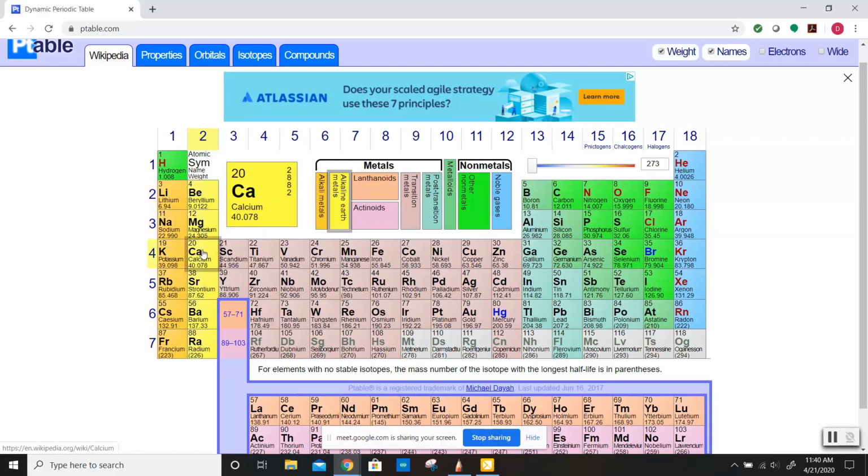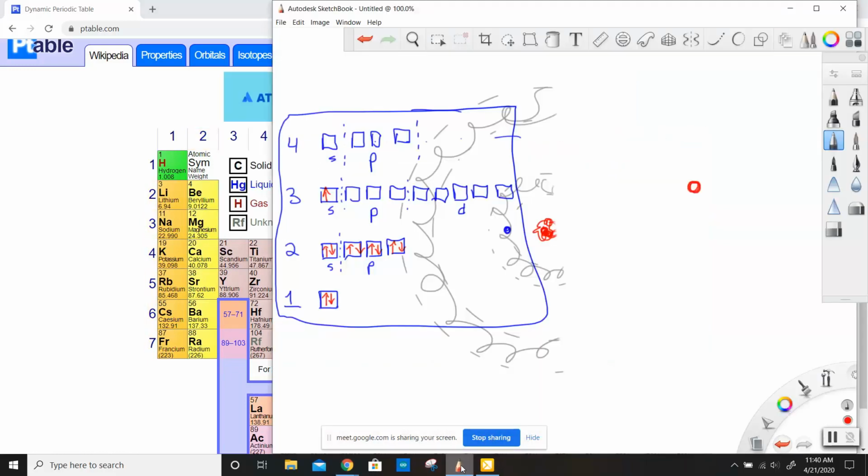So, for instance, magnesium. If you have magnesium and oxygen, let's draw this out. Magnesium has a positive charge of 12, and oxygen has a positive charge of 8, and then they have these electrons, which take away from this positive charge.